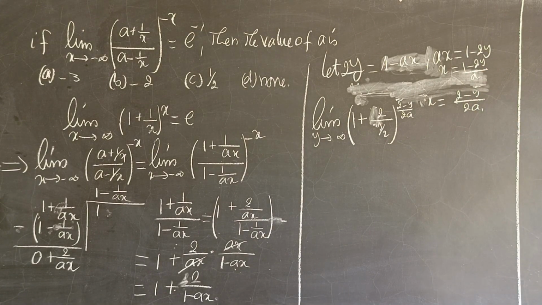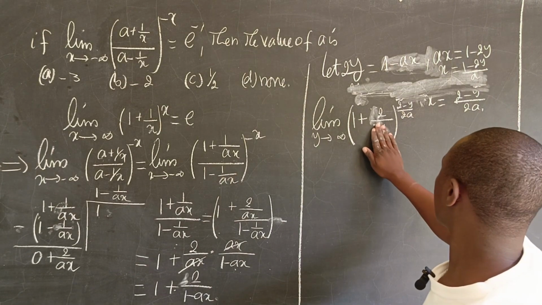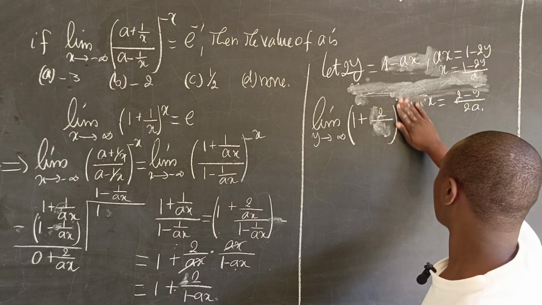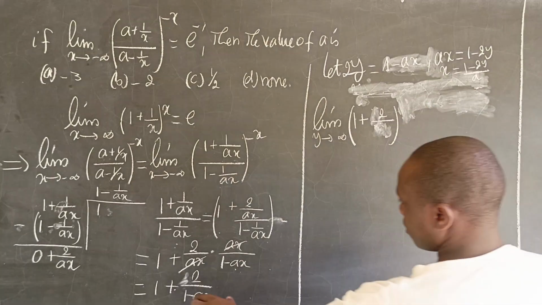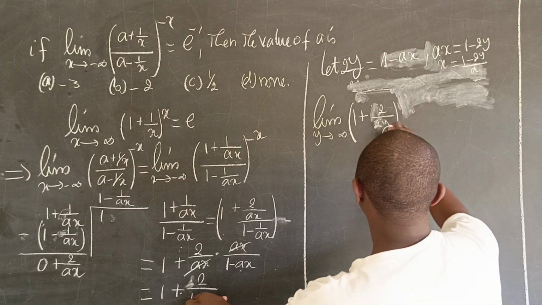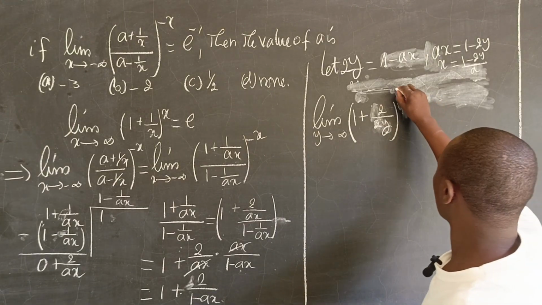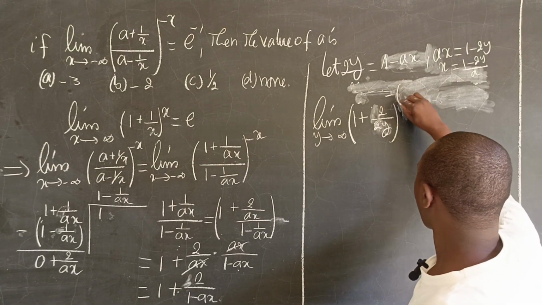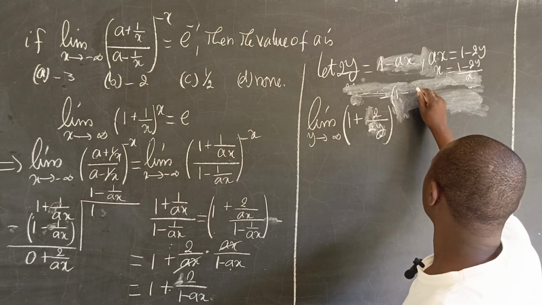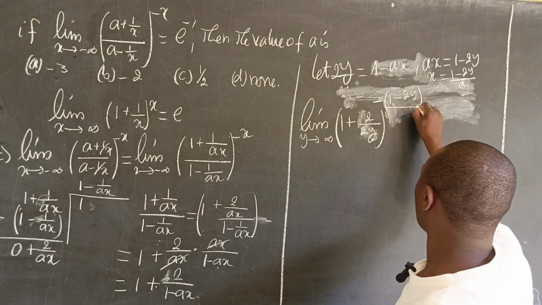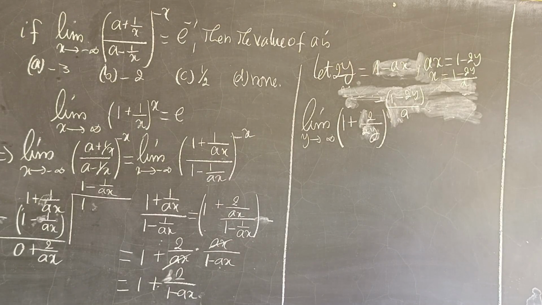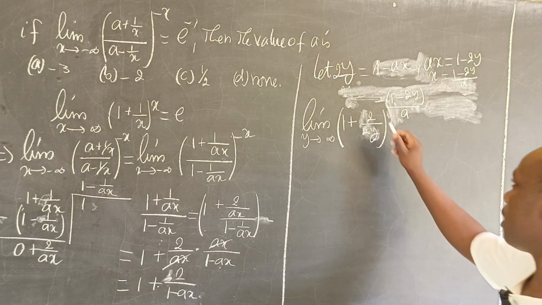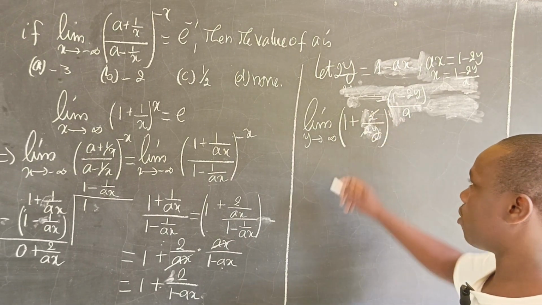Okay, this is 2y, and our x is (1 minus 2y) over a. As you see, this will simplify with this.